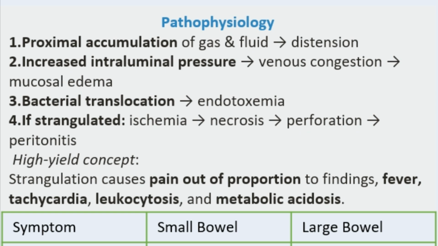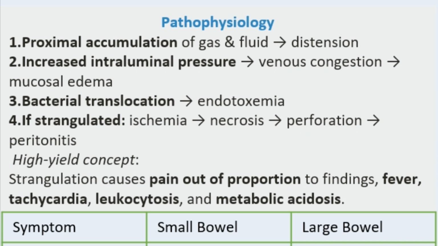This increases the intraluminal pressure, and when it increases, it compresses the veins, and we have venous congestion. This is going to cause mucosal edema. Now, when this happens, we are going to have translocation of bacteria. I mean, the bacteria get out of the gut and enter into the bloodstream. We are going to have endotoxemia.